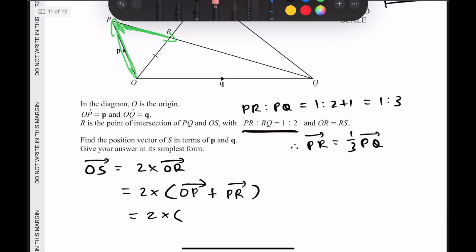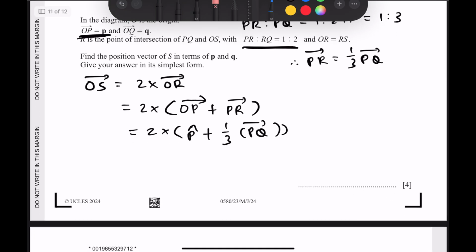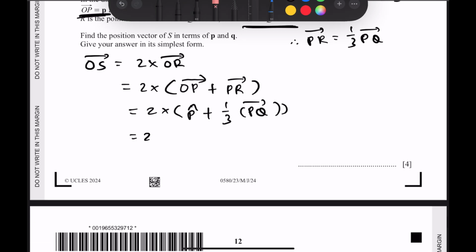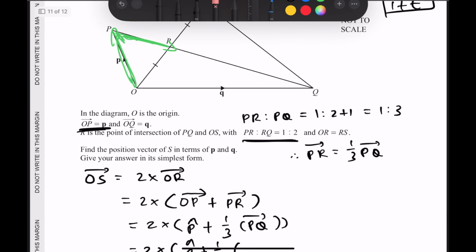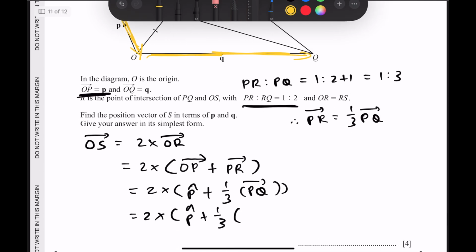So OS is equal to 2 times OP, which is just P, since I said in the question OP is equal to P, plus PR, which is equal to 1/3 of PQ. Now this is equal to 2 times P plus 1/3 of PQ, and PQ can be rewritten as PO plus OQ, since that is equal to PQ.